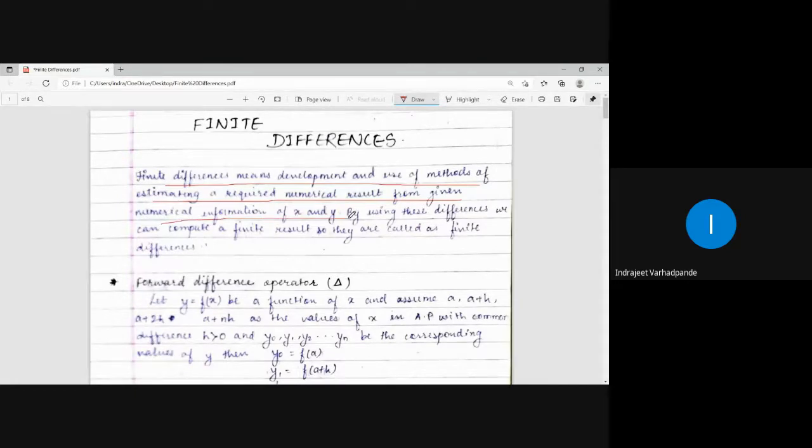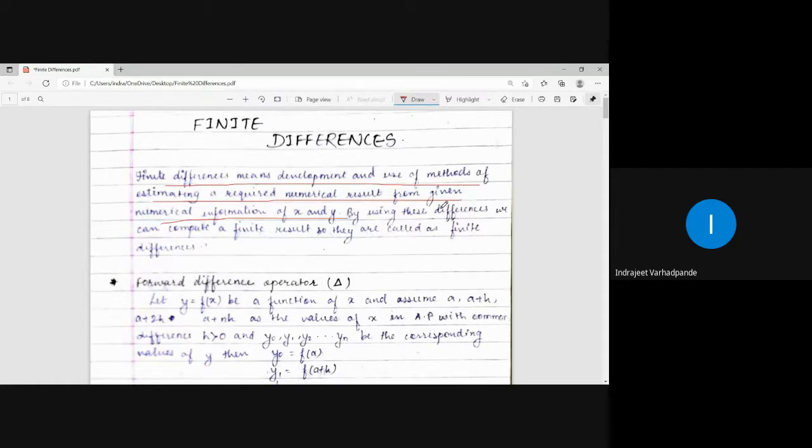As you are all aware, in the previous unit on statistics, for any particular quantity to be calculated, we were provided with the observations x and y. So finite differences means development and use of methods to get the required numerical result from the information given to us regarding x as well as y.